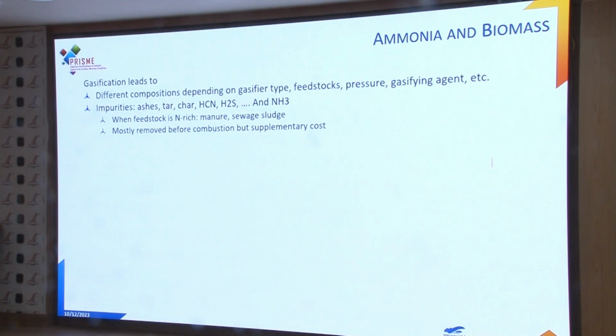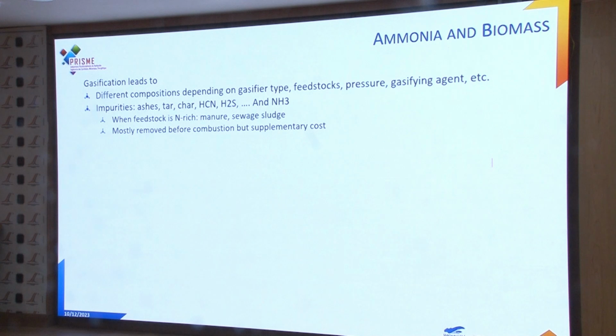So basically gasifications will lead to different composition. I will not go into detail because it's not my field of expertise, but depending on the gasifier type, the feedstocks, the pressure, the gasifying agent, etc., you can get very different compositions, so different ratios of H2, CO, and other species.